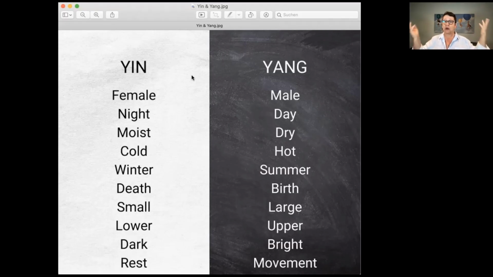Large is yang, like we said before with the plants and the mountain. Small is considered yin. And brightness is yang and darkness is yin. And right now, important for you, rest is yin. That's why I mentioned the bedroom. And yang is movement. Everything that's moving is yang.